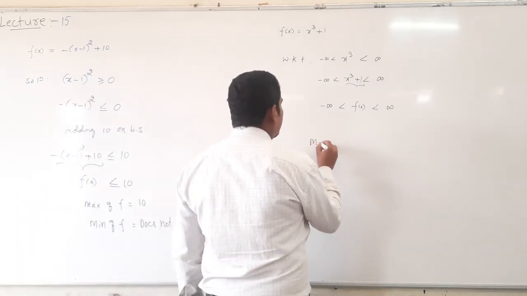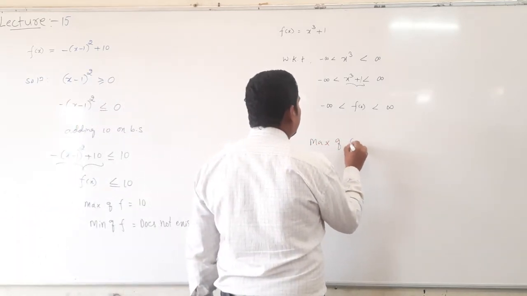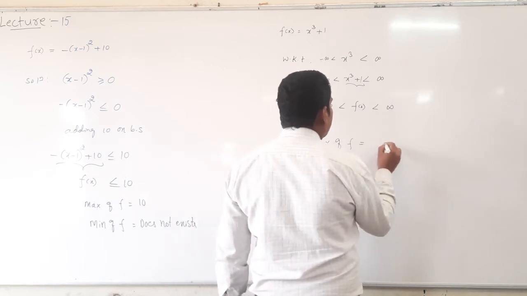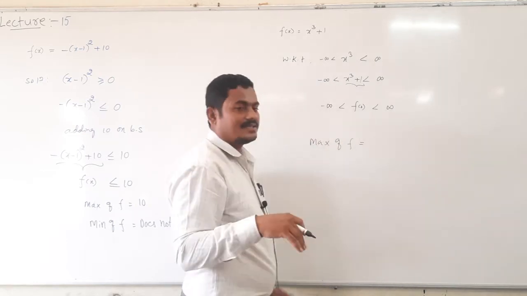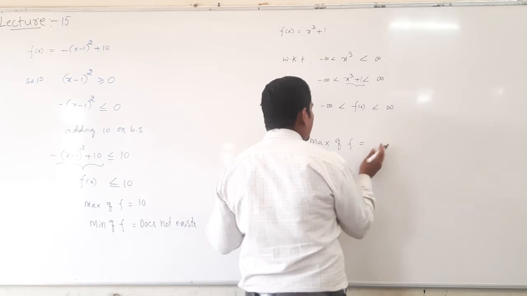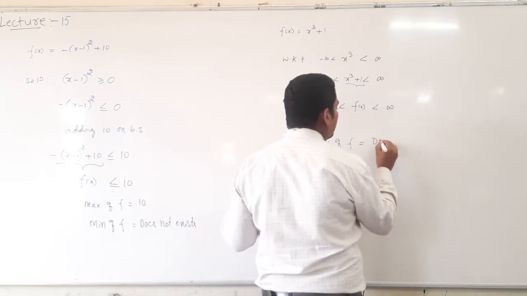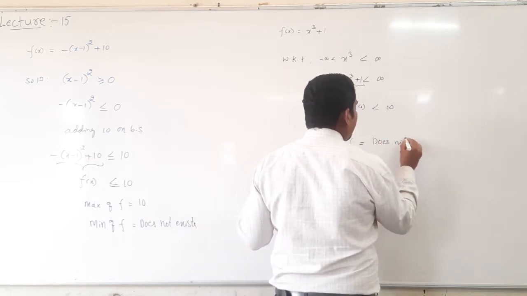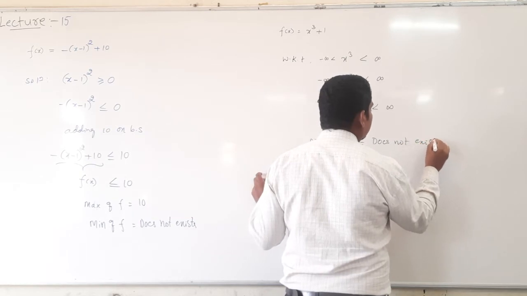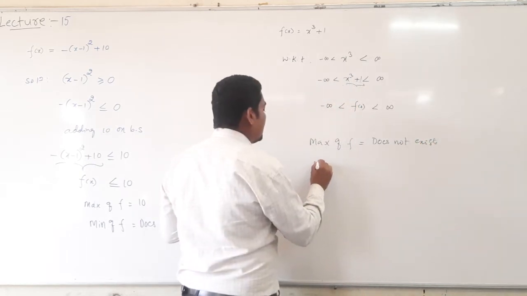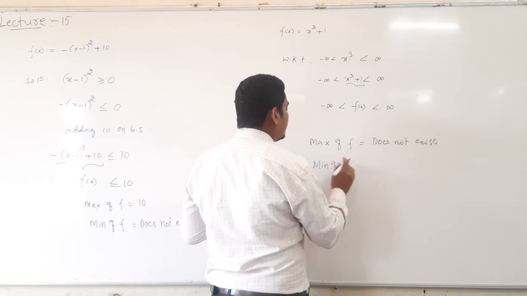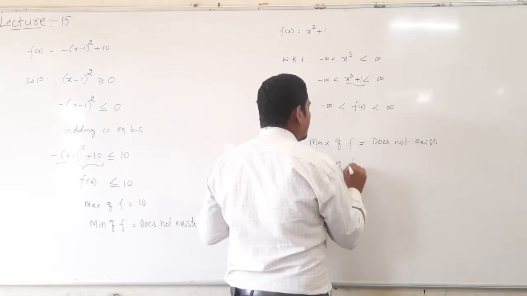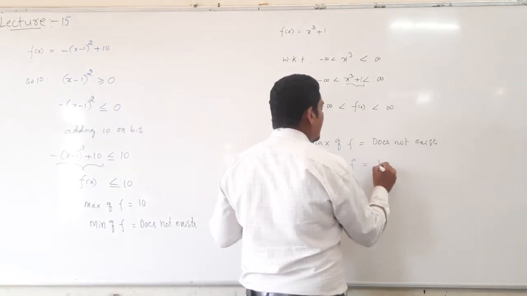In this case, maximum of f does not exist, meaning plus infinity does not exist. And similarly, minimum of f does not exist.